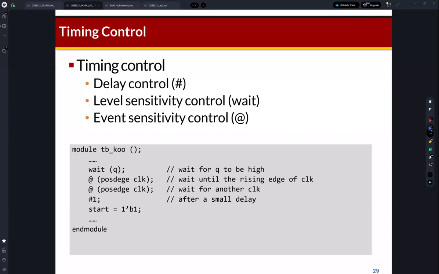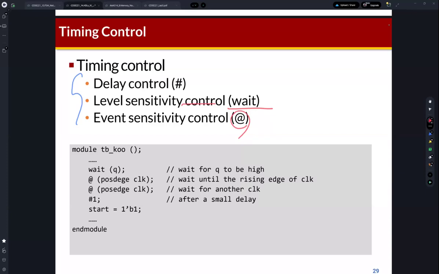In this slide, you can find three different timing controls in SystemVerilog. First, the delay control, the sharp symbol, which we already learned about; it represents delay. Another timing control is the level sensitivity control, where we can use the wait statement. And we can also find the event sensitivity control, like the at sign.